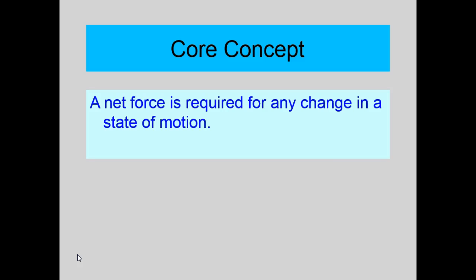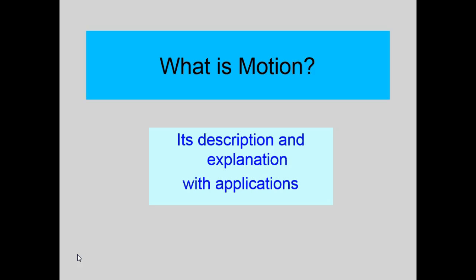Now, we haven't talked about what we mean by state of motion or change of state of motion or any of that, but what is motion? Something that was in one place winds up in some other place. Motion had to occur. That means that you had a displacement, you moved some distance, and always it took some time for you to do that.